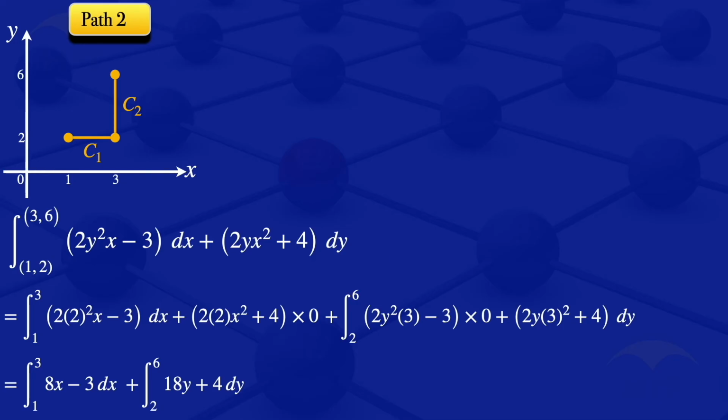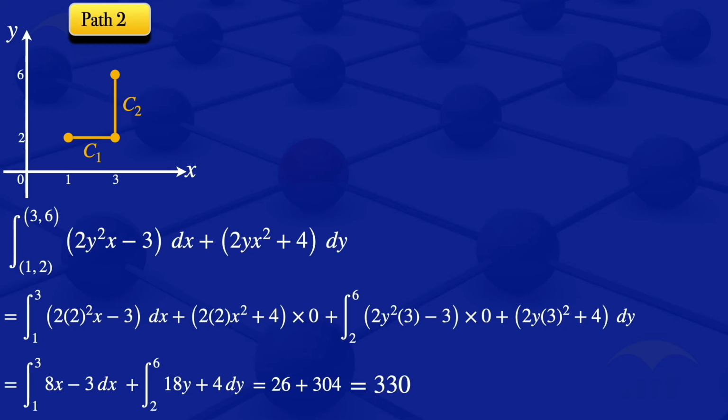For the value of the first integral there, when we integrate and put the limits, we'll get 26. When we integrate this second one here and put in the limits, we'll get 304. So our result there will be 26 plus 304, and that will give us 330. So that's the result there when you are looking at path 2.